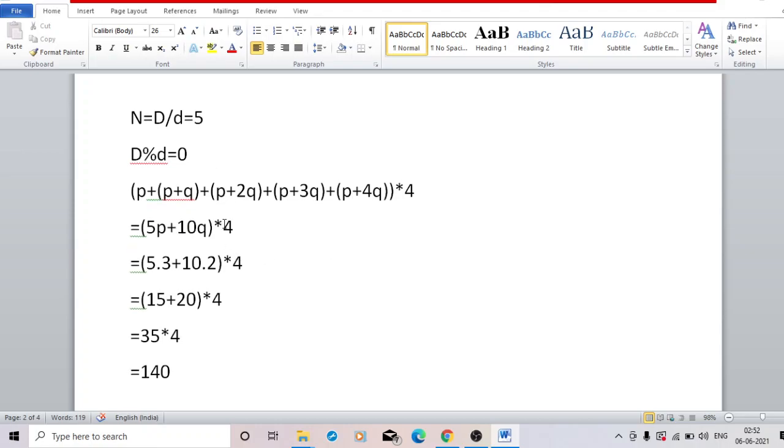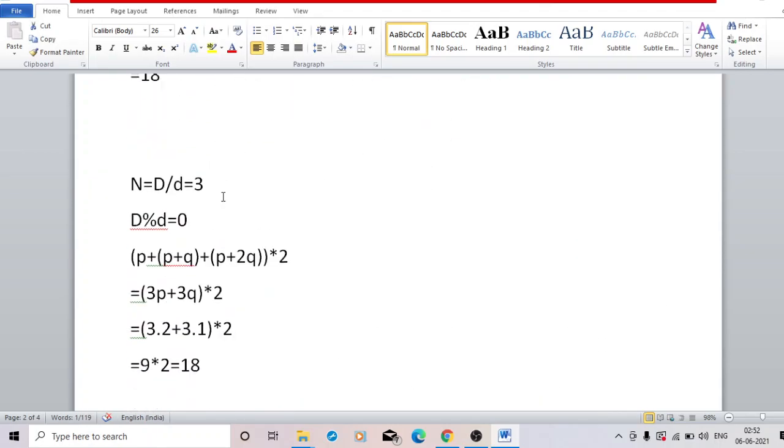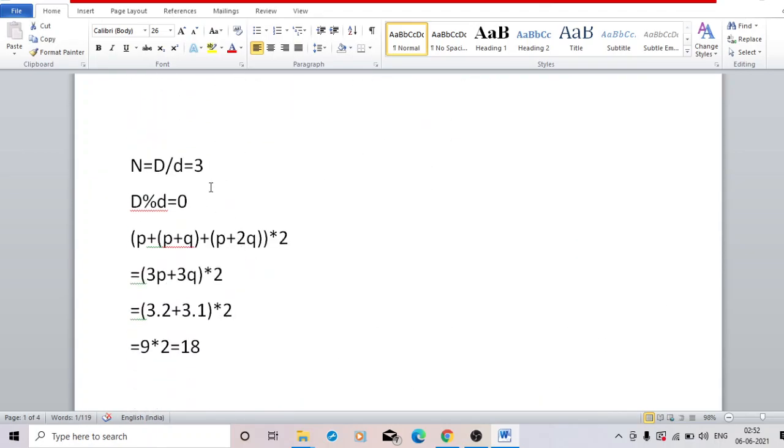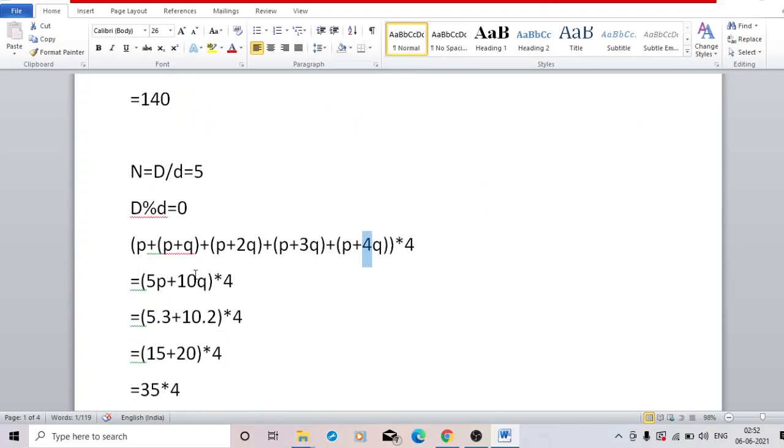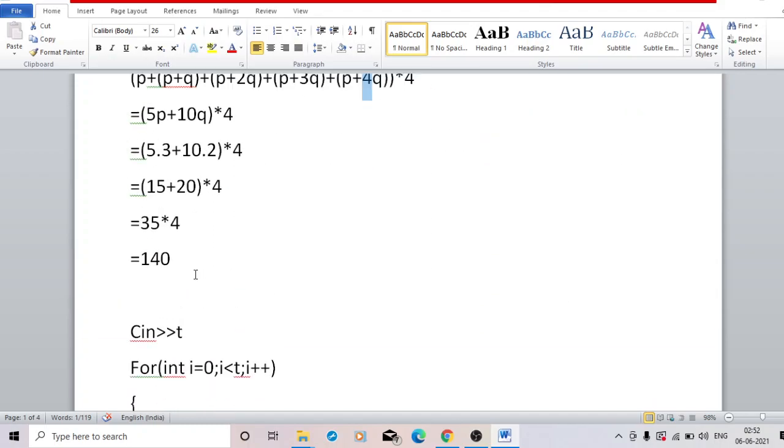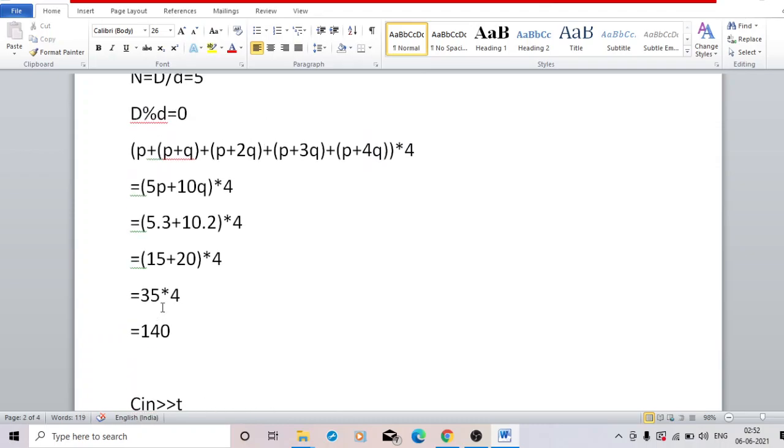So it is actually continuing from 1 to n minus 1. N is 5, so n minus 1 times. Or here you can see again n minus 1 times. N is 3, it is 2. 1 plus 2, 3Q.